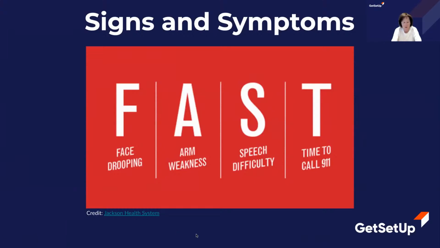So I think I told you a few minutes ago that the most important thing about identification of a stroke is to be fast so that you can get help. So the American Stroke Association came up with this wonderful way to identify symptoms and signs, and using the word FAST because you want to act fast.